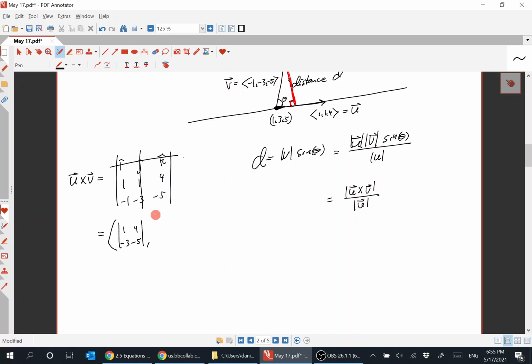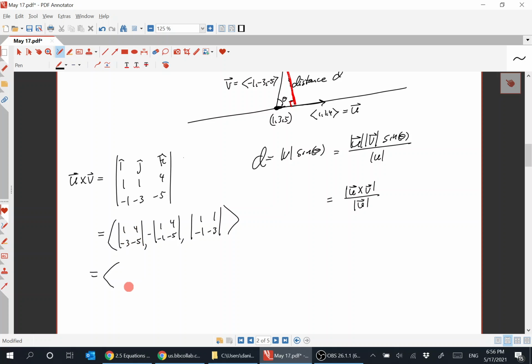And in the j, we got 1, 4, minus 1, minus 5, that 2 by 2 determinant negated. And then in the k coordinate, 1, 1, minus 1, minus 3.